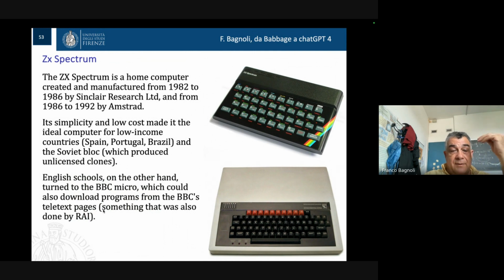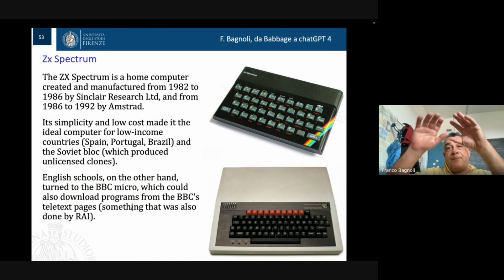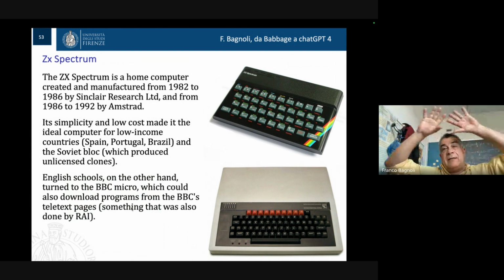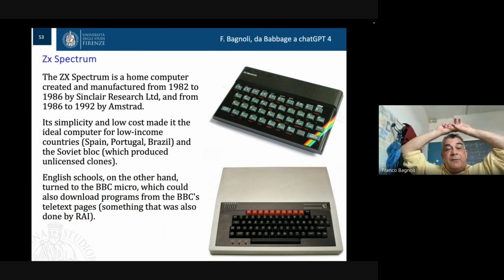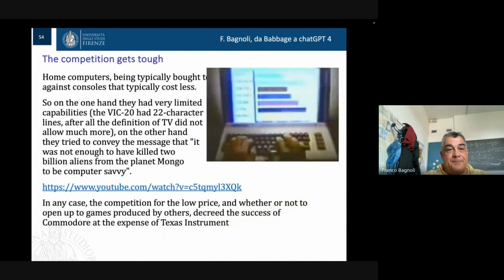I have seen something like this during the night, also here in Italy. You saw pages full of strange symbols, but if you were able to download the page into a computer, it was essentially a program, so it could be transferred to RAM, I don't know how, and run.